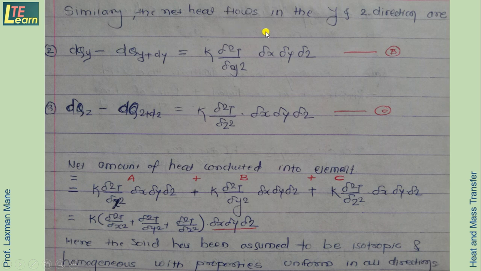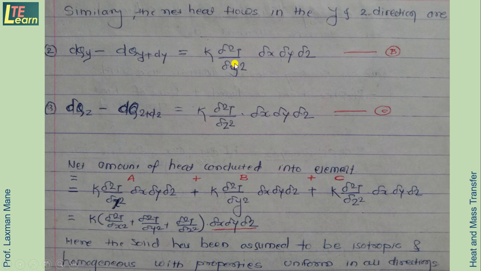Similarly, the net heat flow in the y and z directions is given by equation B and equation C. In these, the thermal conductivity and elemental volume will remain the same. What will change is the temperature gradient derivative.